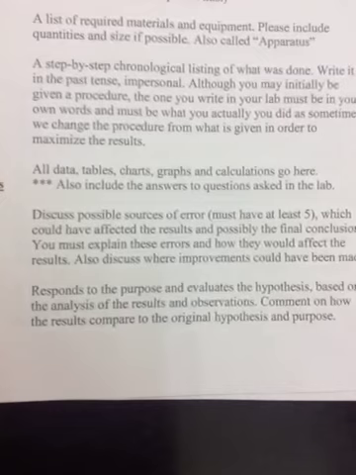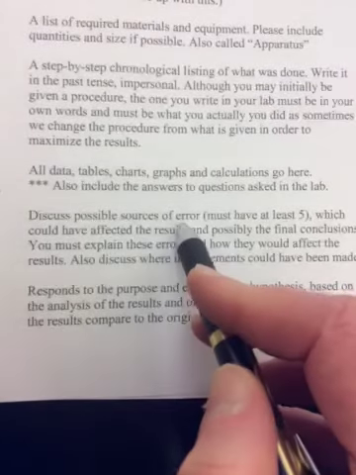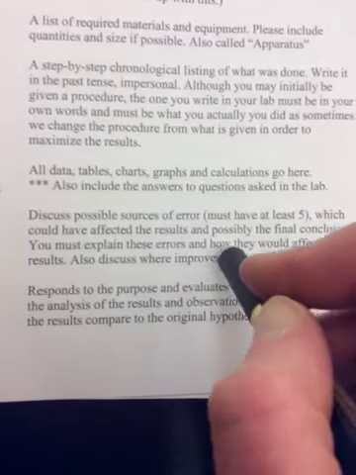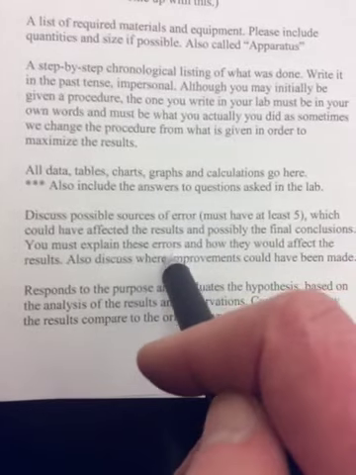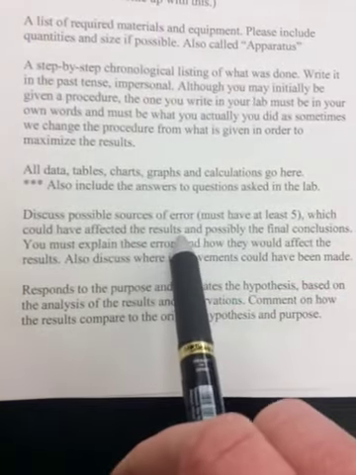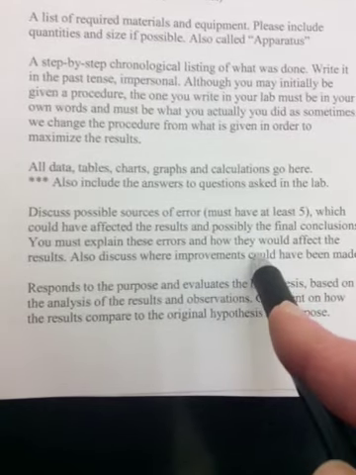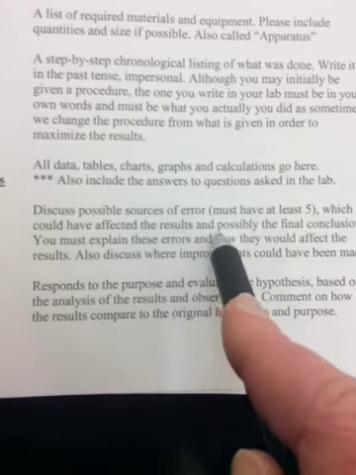You should always add an extra 1 or 2 just in case you don't do a good job on one, because if you only put 4 in, you lose a point. But if you put 6 in and one of them is not right, you don't lose any points. So at least 6. And you need to explain why each is a source of error, and what you would do to improve it.